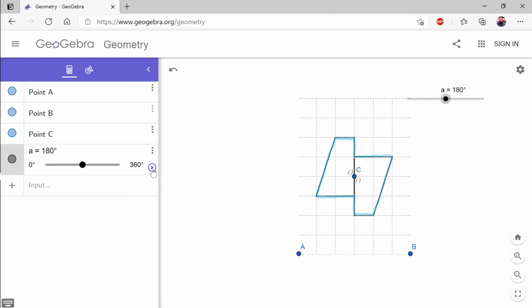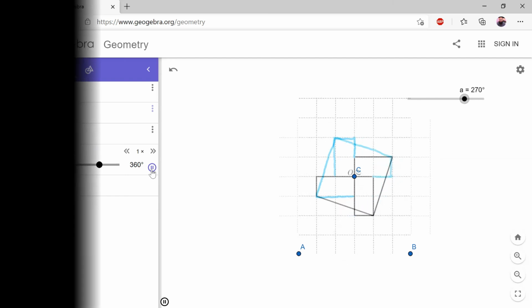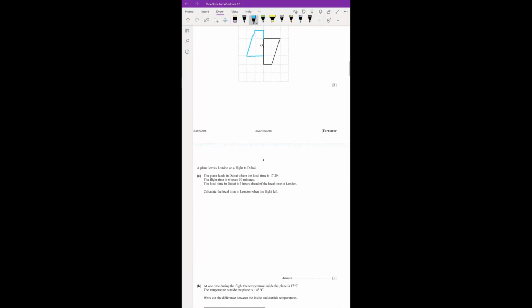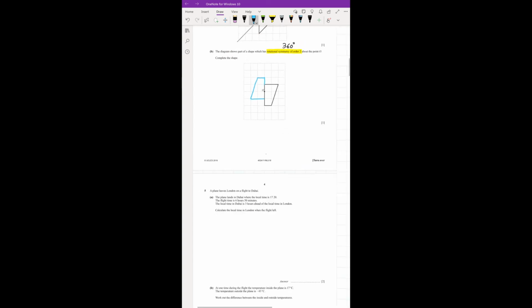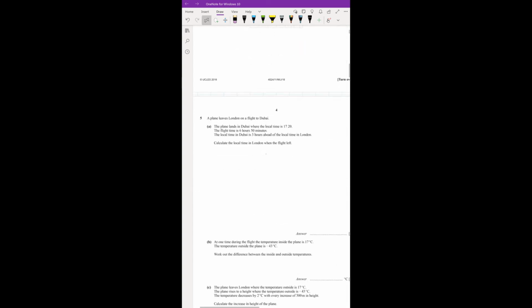As we go further, the object will again take its original shape at 360 degrees. So this is how the rotational symmetry of this object can be observed, that it takes its original shape twice during this 360-degree rotation.